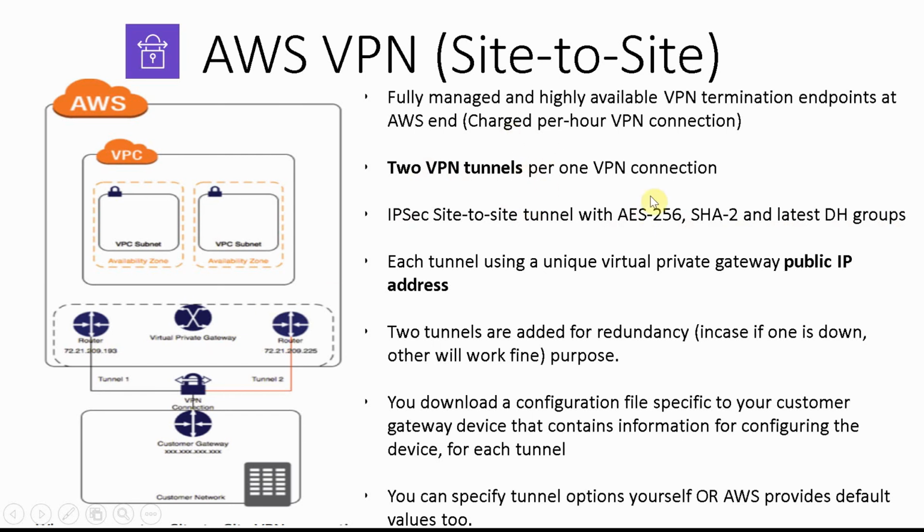But the point here is that two VPN tunnels will be used, primarily for redundancy. For example, if one VPN tunnel goes off, there will always be a backup.